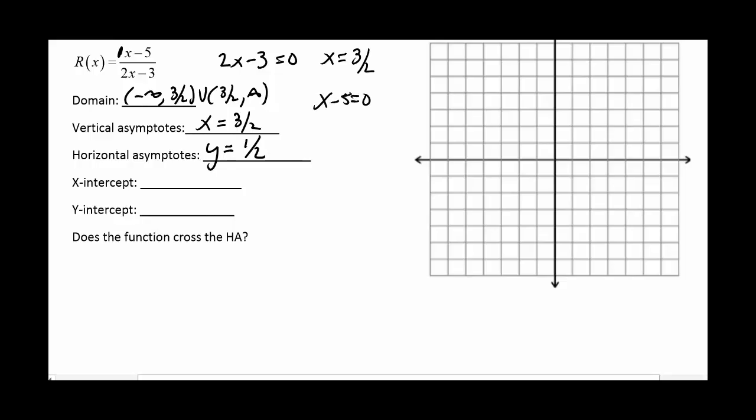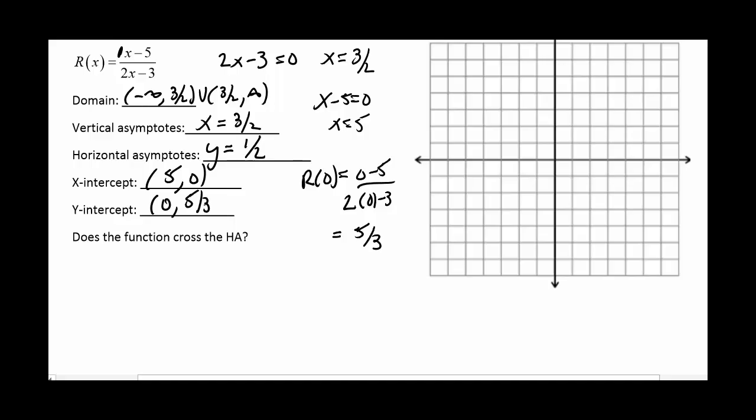So x minus 5 equals 0, which is 5. So it crosses at 5, 0. Y-intercept, I want to evaluate at 0. So 0 minus 5 over 2 times 0 minus 3, which is -5 over negative, so positive 5/3.